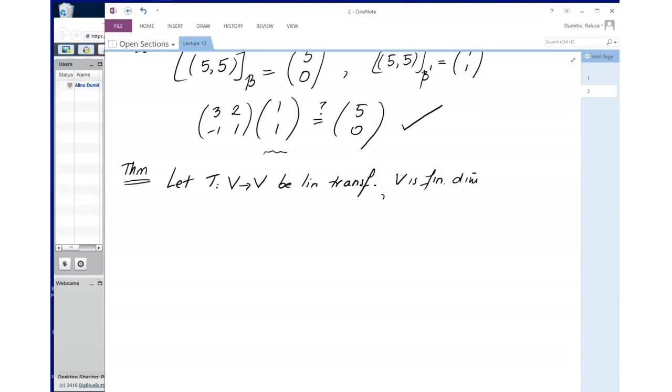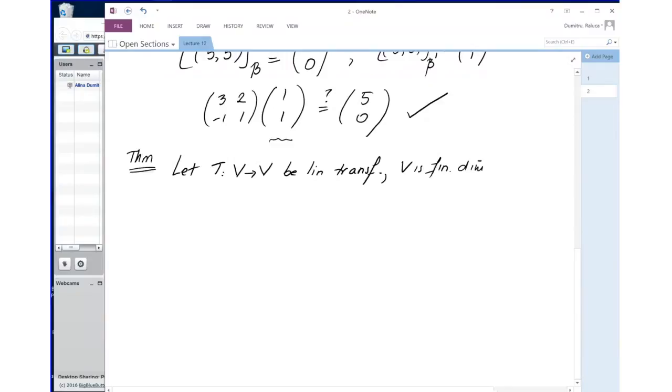Otherwise, it doesn't talk about all this. Beta and beta prime are both ordered bases for V. Q is the change of coordinate matrix, the one that changes beta prime coordinates into beta. So it's the matrix of the identity transformation from beta prime to beta.